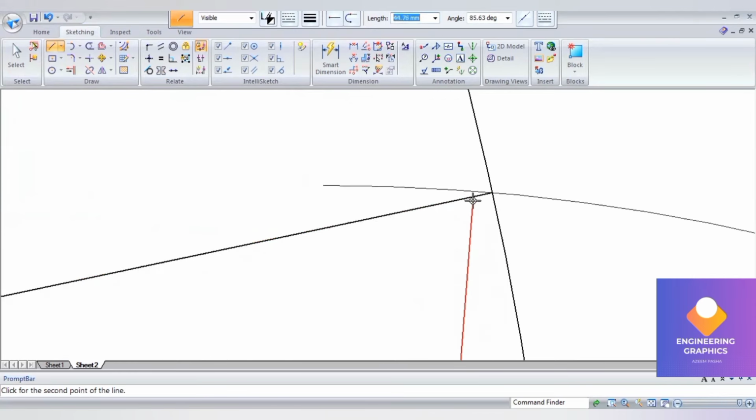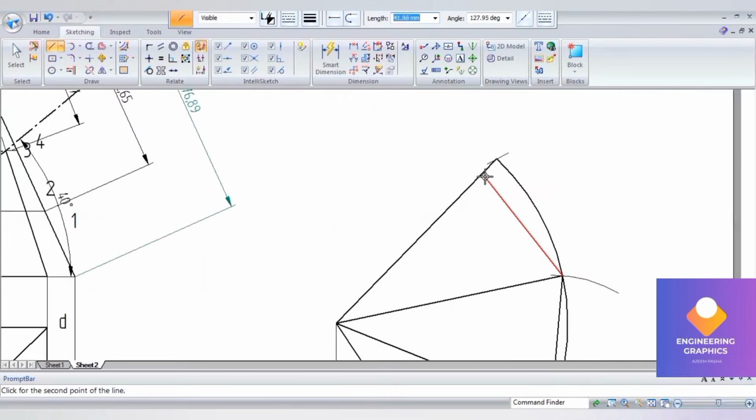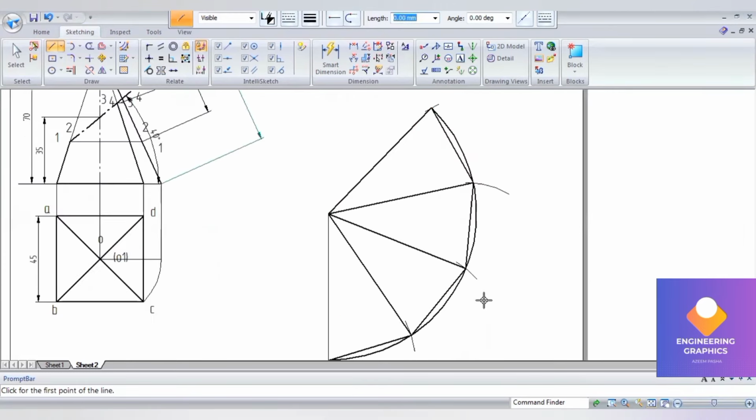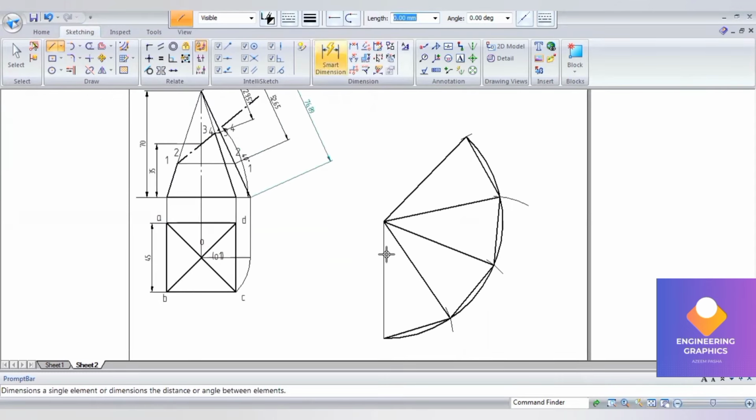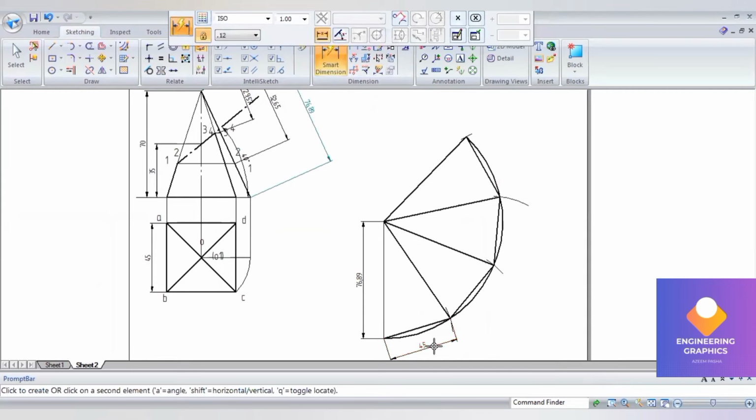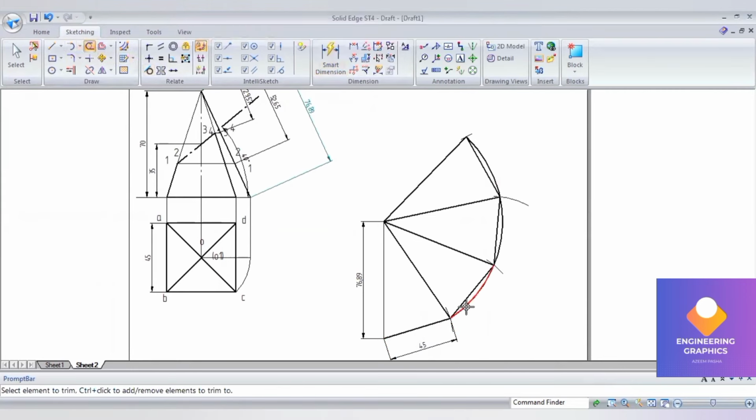You can zoom in and try to connect with the exact point, so that mistakes may not happen. Okay, now we can remove that curve point. Okay, this is the development of the square pyramid.